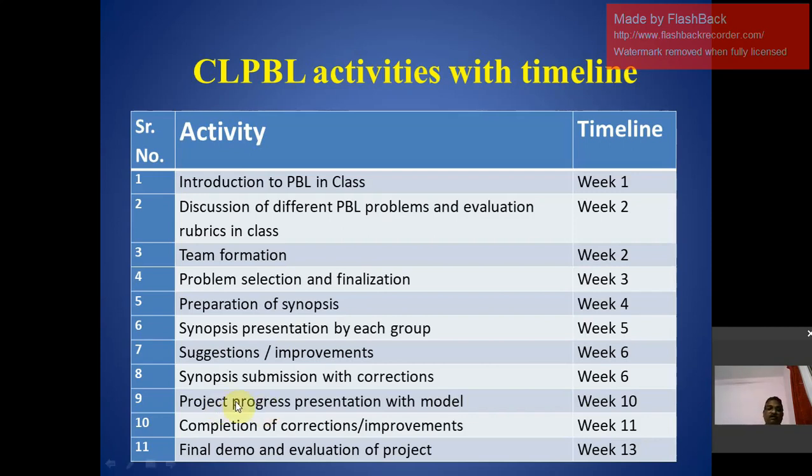Then project progress presentation with model. Once they have prepared the model, take the review of that project model. Then give some suggestions and improvements to their project, and finally conduct the final demo or final presentation of the project work.